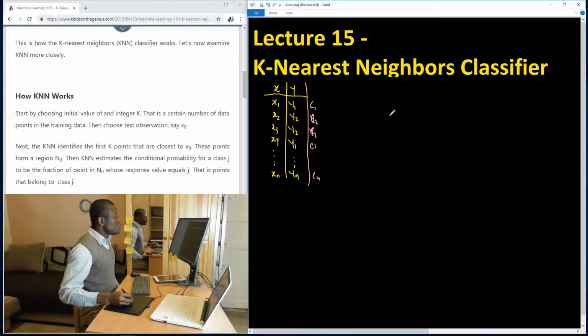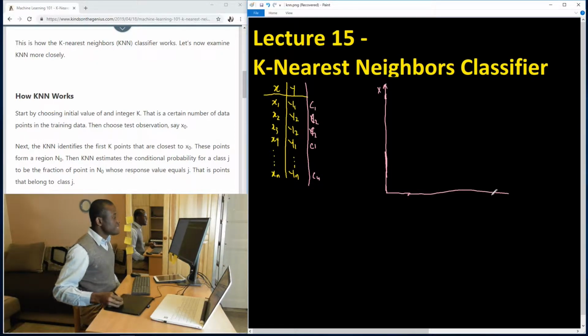So what you are going to do with this data set is to plot it on an XY scatter plot, right? So you have to plot it in an XY scatter plot. So this is our X and this is our Y, okay?